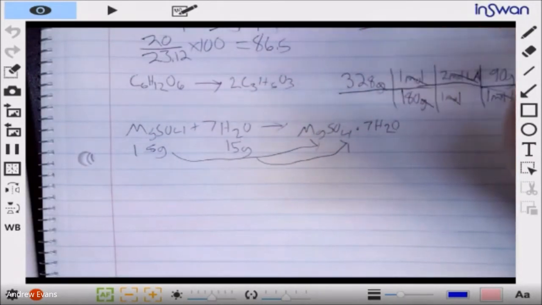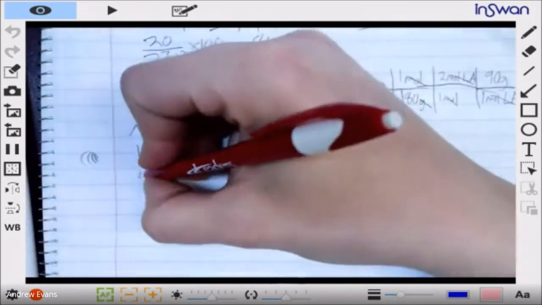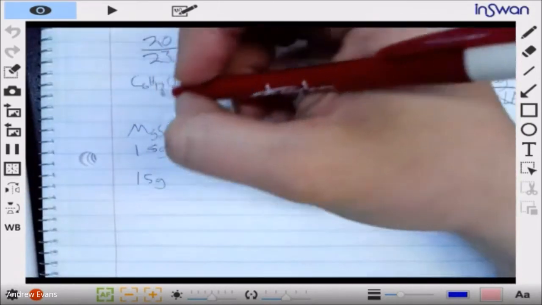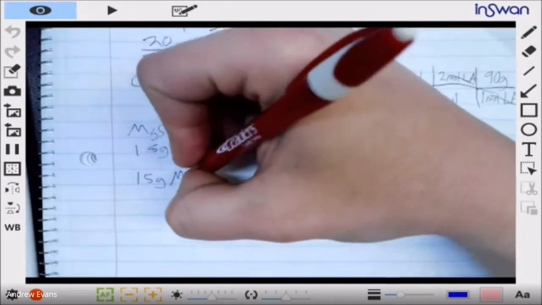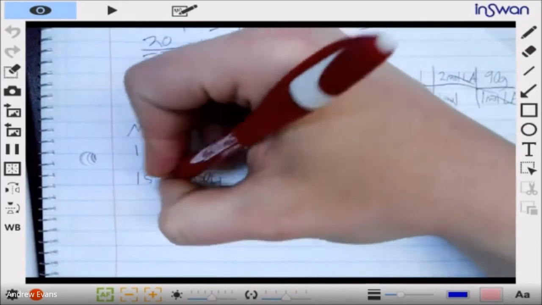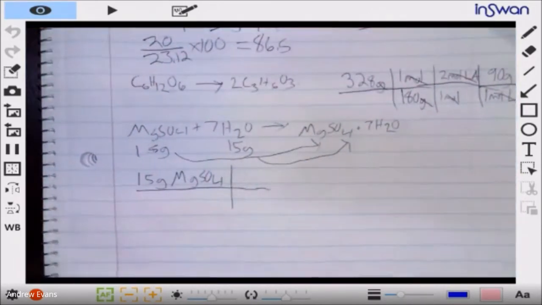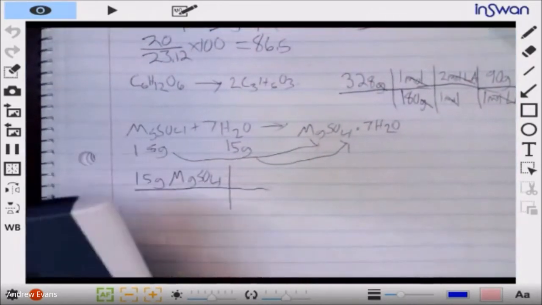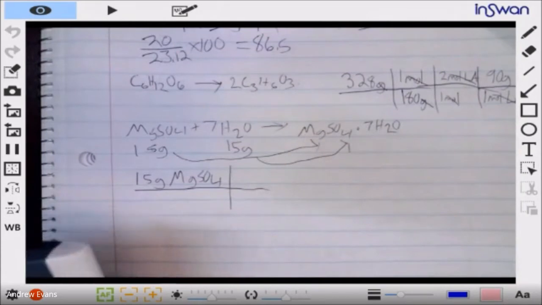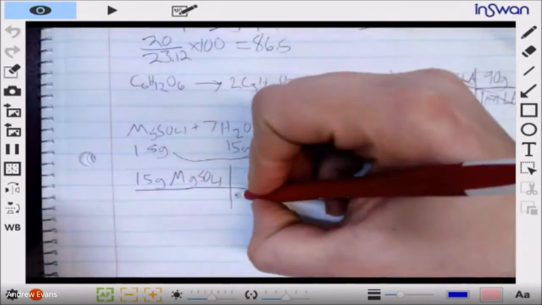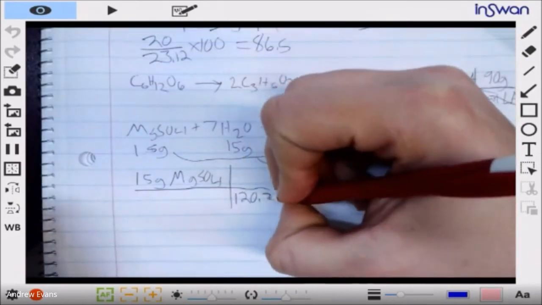So let's start with 15 grams of magnesium sulfate. Magnesium is 24.3, sulfur is 32, oxygen is 16. There are 4 oxygens, so the molar mass is 120.3.